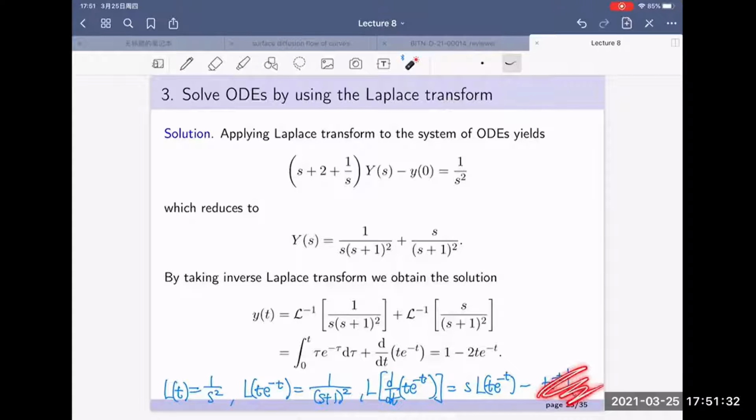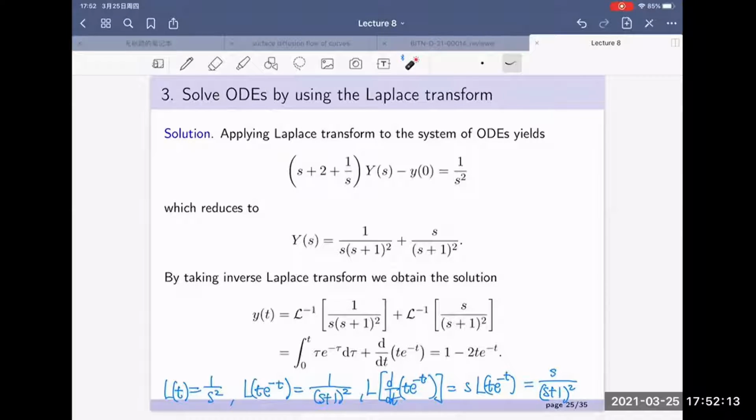So this would be 0. So this is how you get this term. You see, finally you get the Laplace transform of this is this. So the inverse Laplace transform of this is just this function. So that's why you have this function here. Okay. So this is similar. You have an integral instead of a derivative because you divide by s instead of multiplying by s.